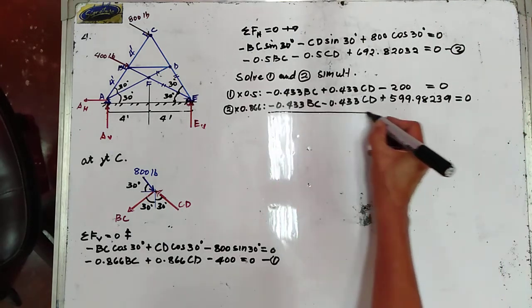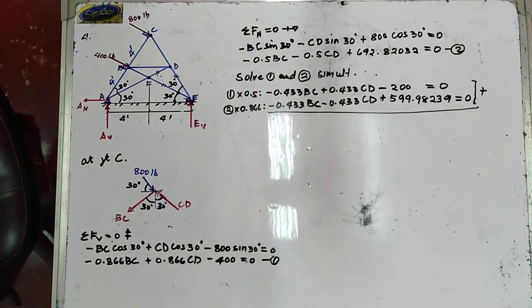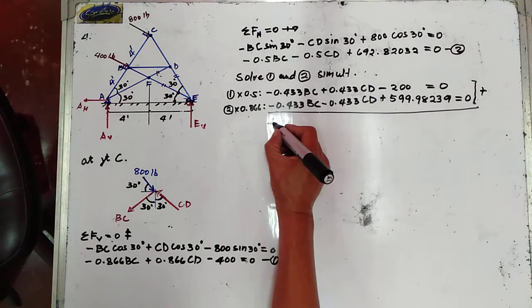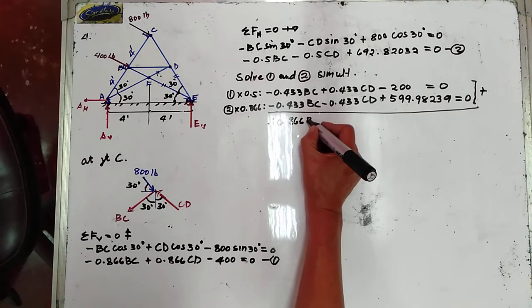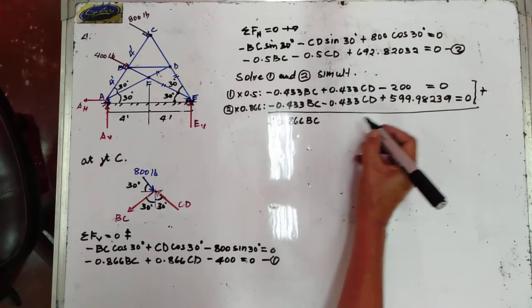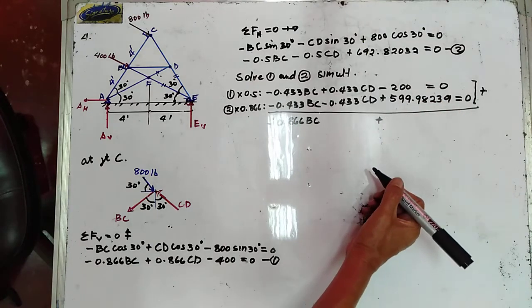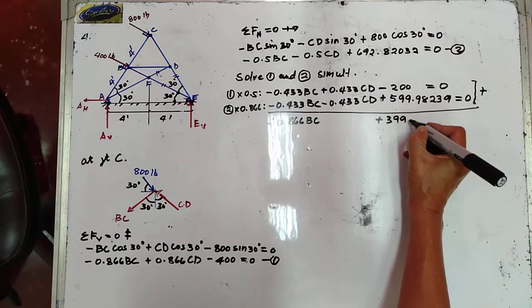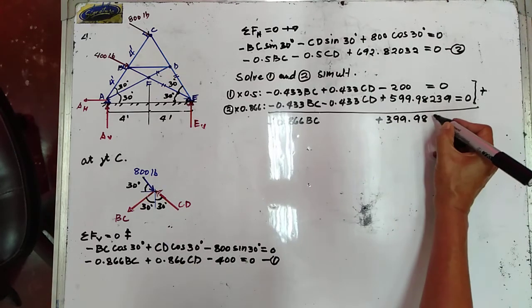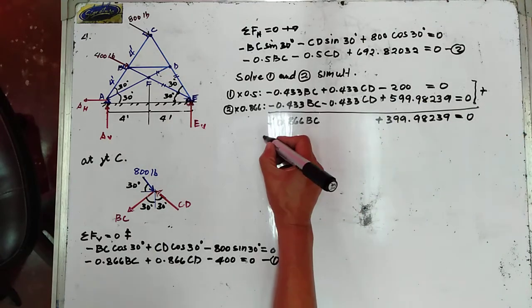So let us try to add the two equations. Adding, we have negative 0.866 BC, the CD terms cancel to 0, and plus 399.98239 is equal to 0.